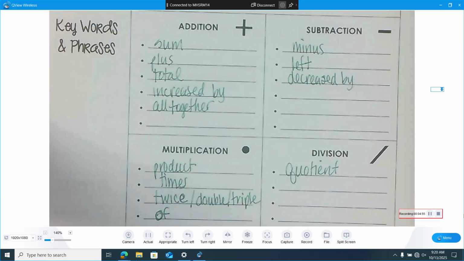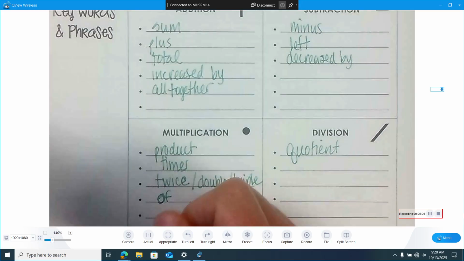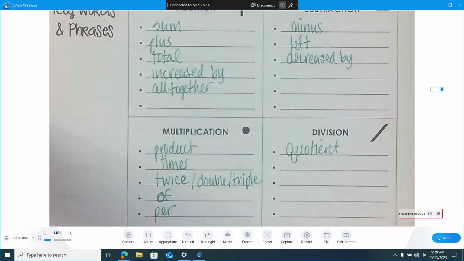They put per on here. So I'm going to write down per. It can sometimes mean multiplication. Like if I said, is anyone running here?